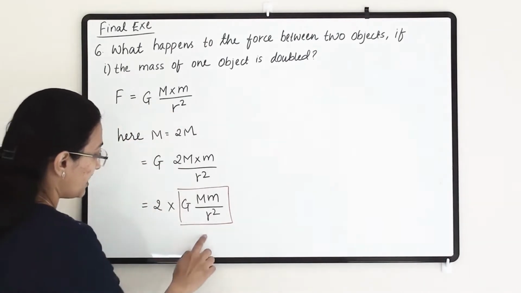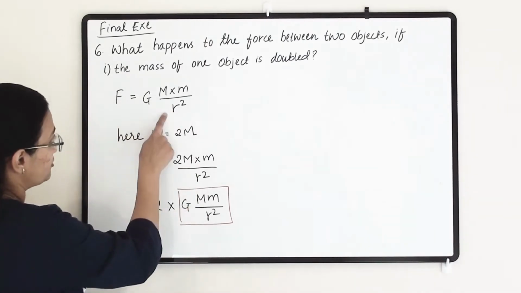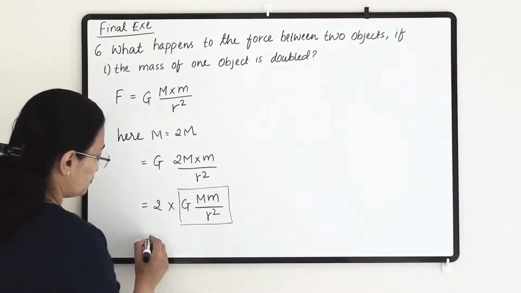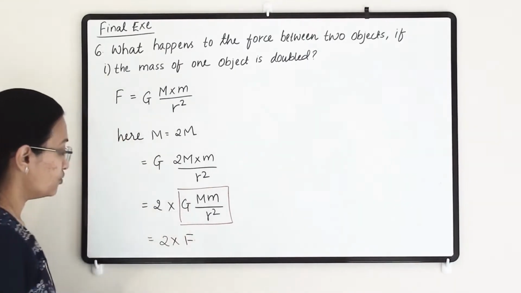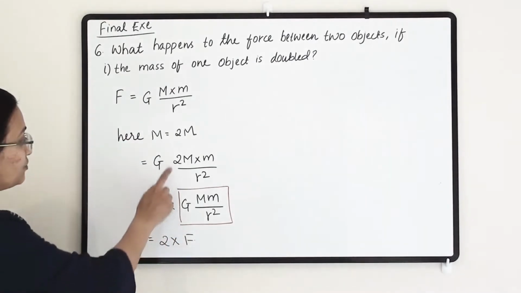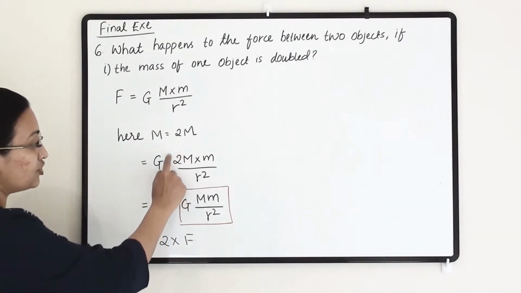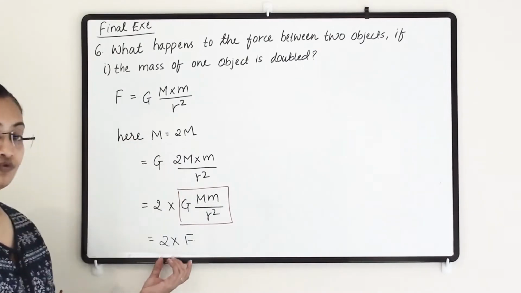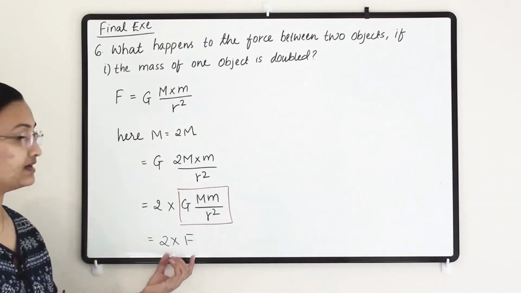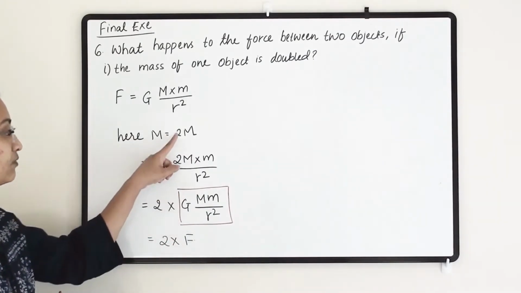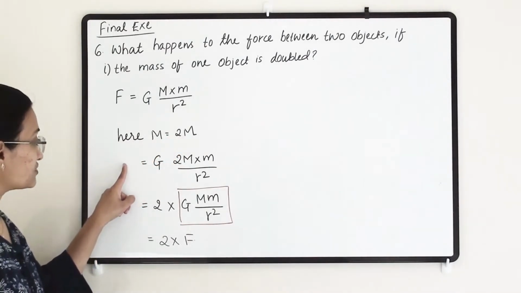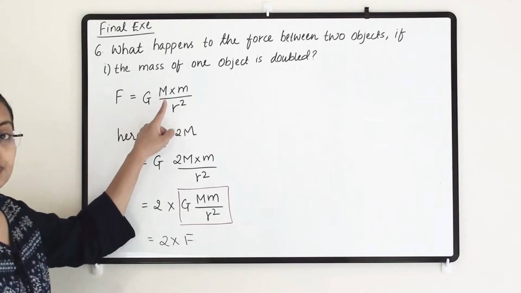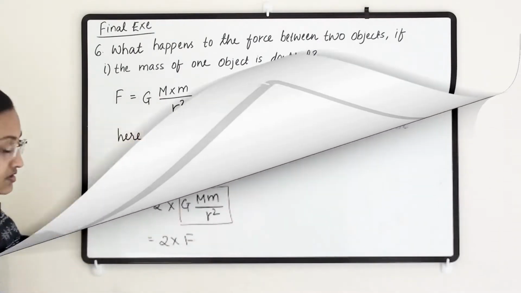So here I am going to write F equals to... Here we are going to get 2 into F. As a result, when we make one of the object's mass double, our force will also be doubled. So the force is directly proportional to the mass of the object.